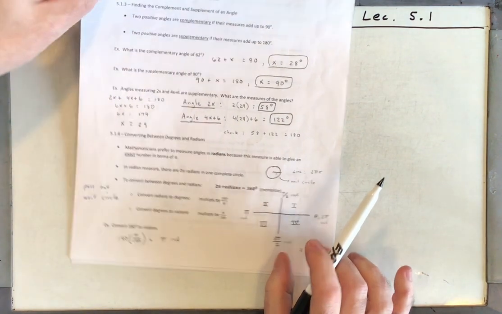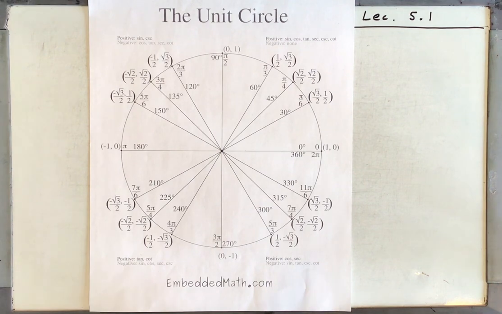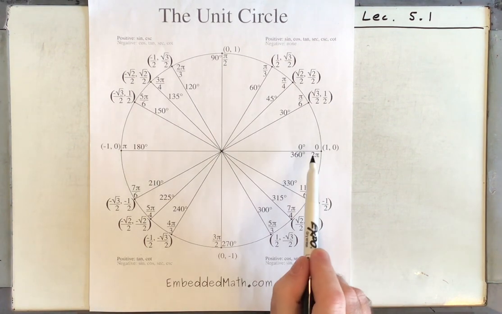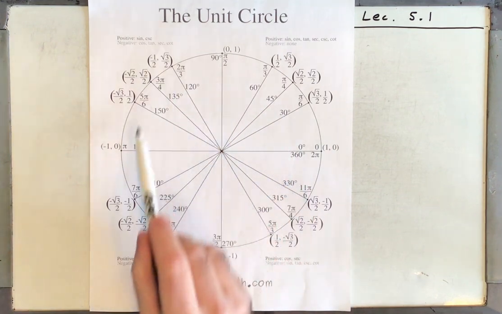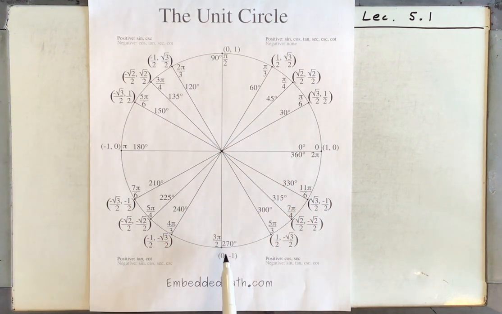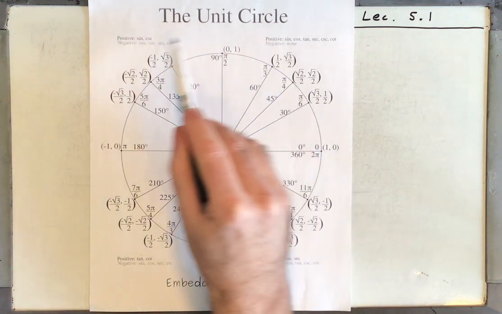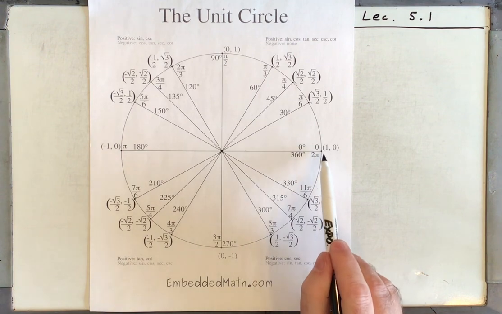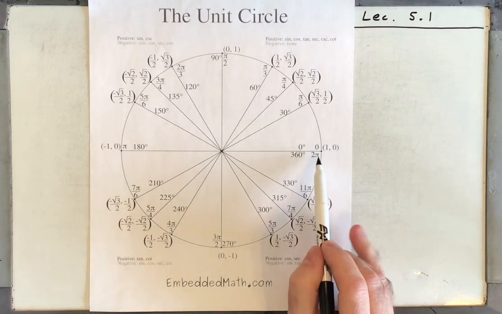So you need to print this off, the unit circle. We talked at the beginning of this lecture about going around a coordinate plane with 0, 90, 180, 270, 360 degrees. One revolution around a circle is 2 pi radians.